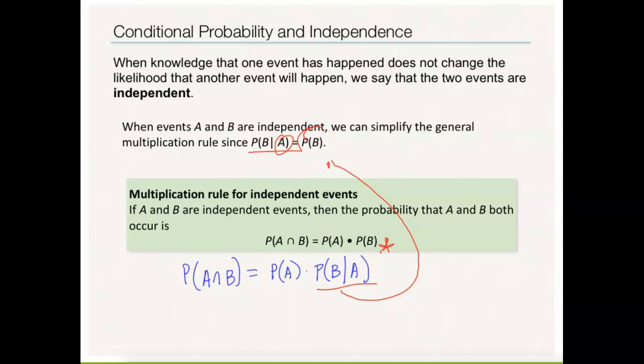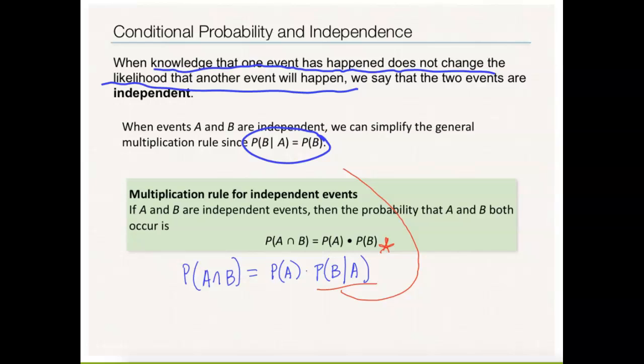If you're asked to show that two events are independent, this is how you're going to show it. Okay? A trap that students tend to fall into is they're asked to show that or explain why two events are independent, and they give just a verbal explanation where they just say, knowing that this event happens doesn't change the likelihood that the other one will happen.